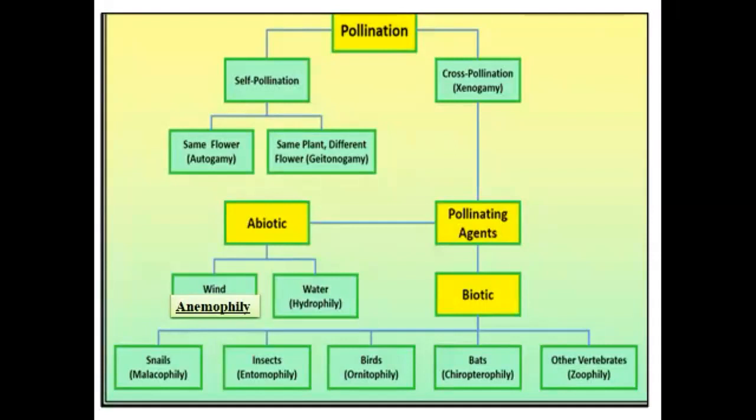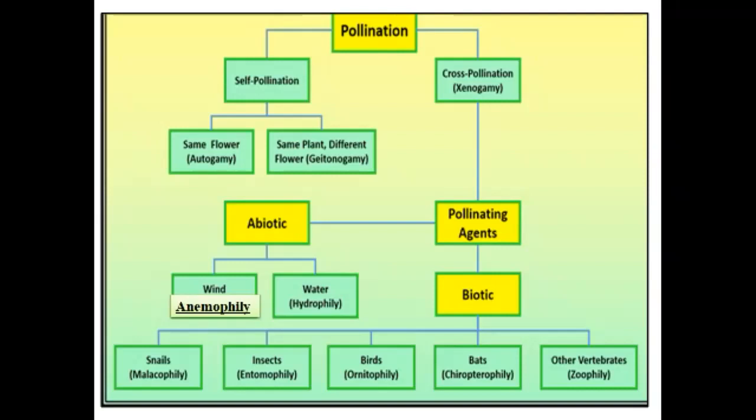See, in this flowchart, classification of pollination is given. Pollination can be divided into two main types, self-pollination and cross-pollination.